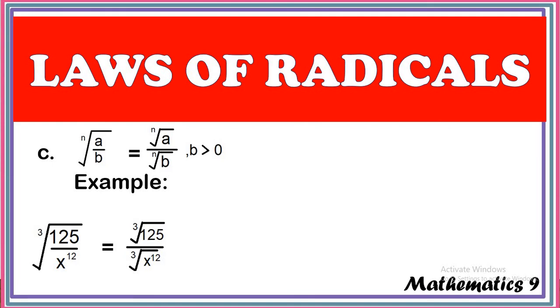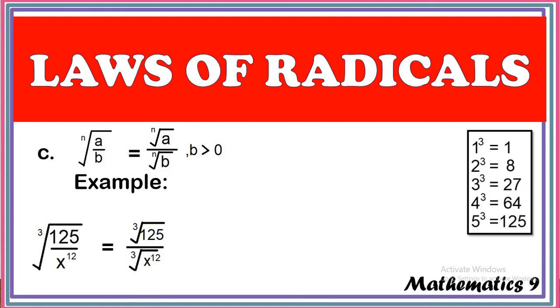The cube root of 125, we can simply write as 5 cubed. So we have the cube root of 5 cubed over the cube root of x, where the factors of 12 are 4 and 3. So write it as the cube of the quantity x raised to 4 and 3. We can cancel this part, and your final answer is 5 over x raised to 4.